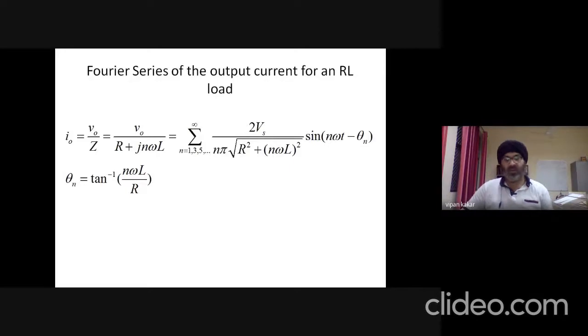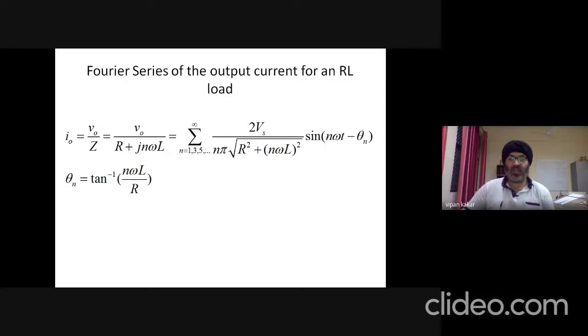And again, to find out the harmonic components, following the same concept using Fourier series, we can find out the value of the voltage harmonic components, including the fundamental components, and the current harmonic components and the fundamental component. The only difference over here is we have the impedance.